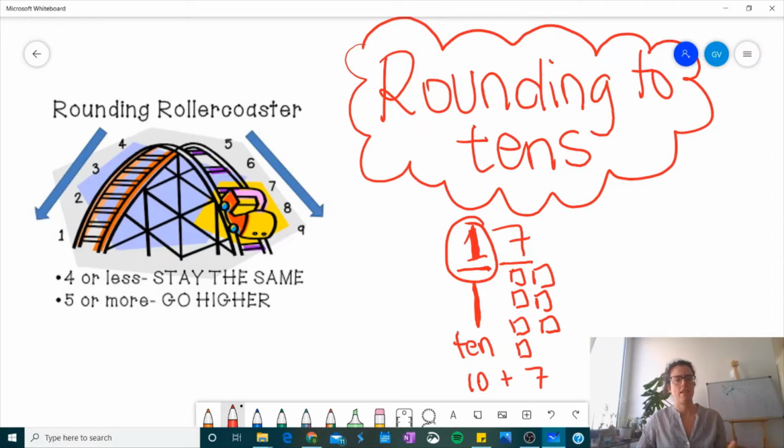Now, before we get there, actually, let me ask you, why would we round to something? Why do we round numbers? Rounding numbers is a way to see if the number is closer to the 10 before or the 10 after.